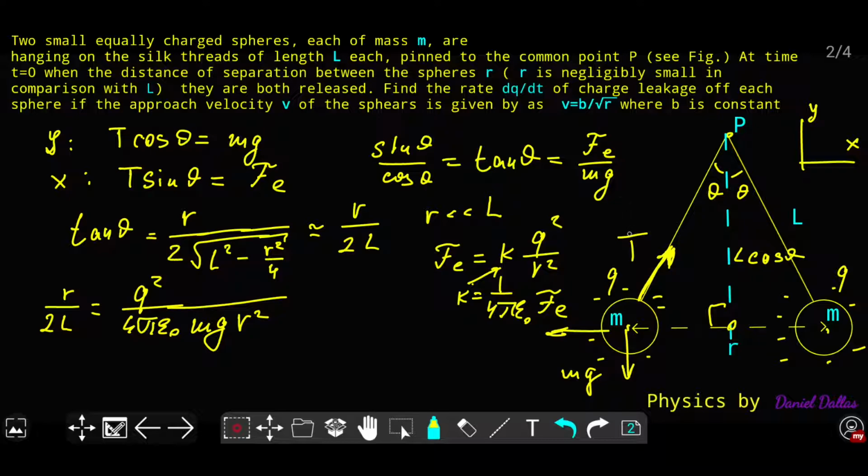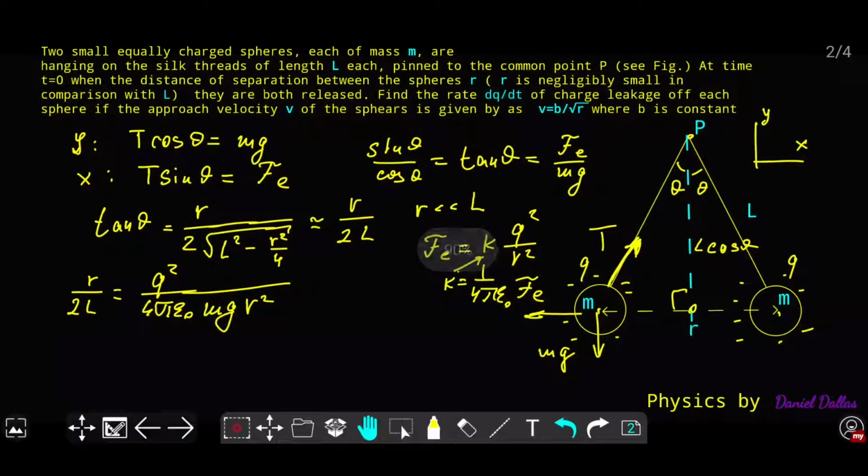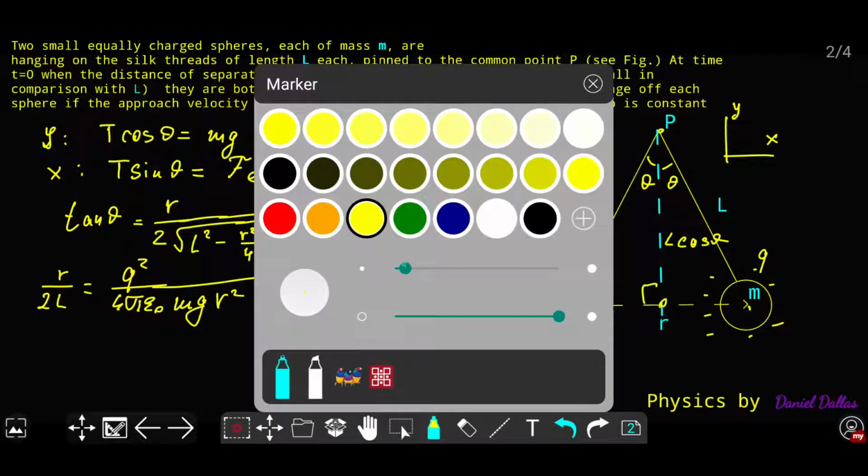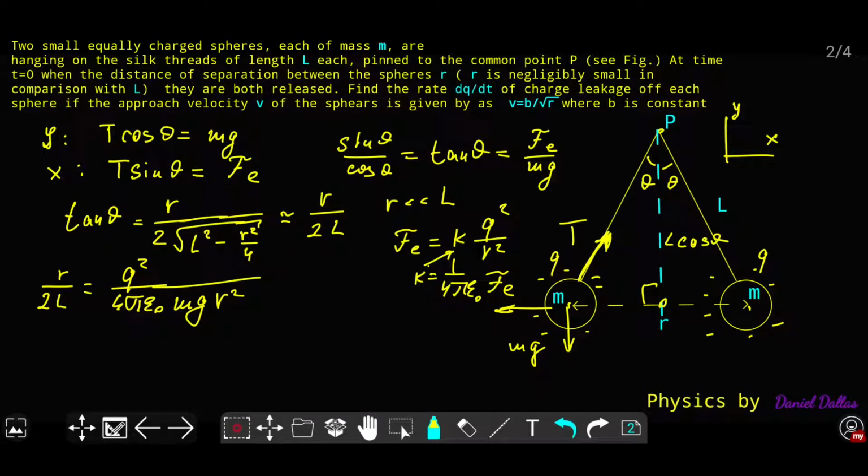All right, so that's what we have right now, and from there we can express Q, because our primary goal is to find the rate of change of Q. So what we're going to do is first write the expression for Q and only then take the derivative, because we need to find the rate of change.